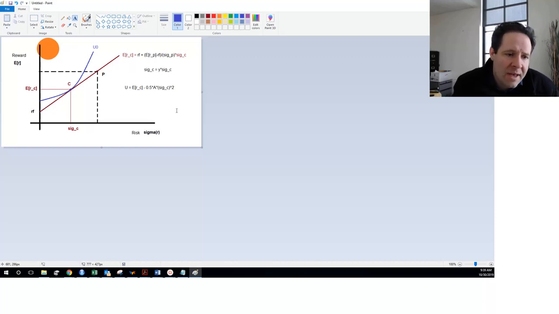The way we see that is, a short primer on indifference curves: it tells you everything you need to know about the point it goes through and how you relate it to other possible portfolios.